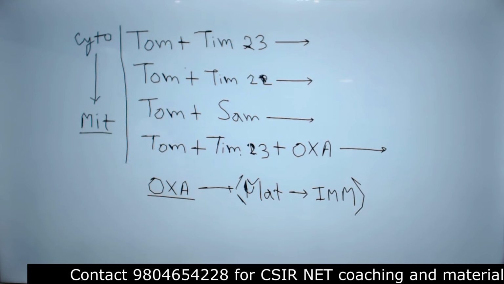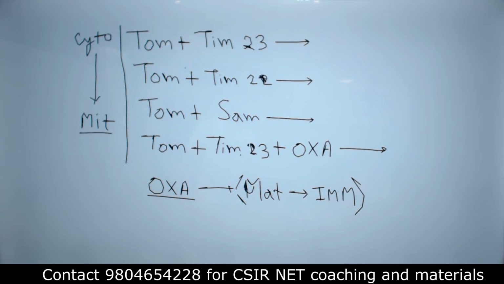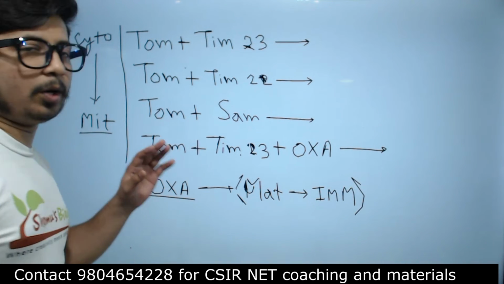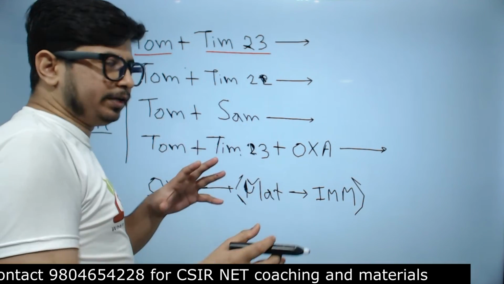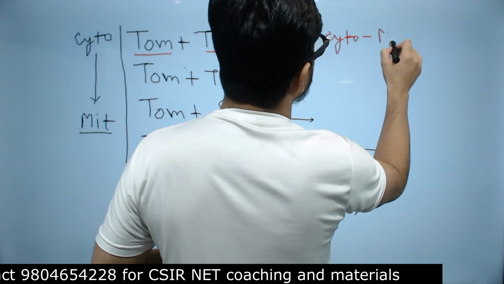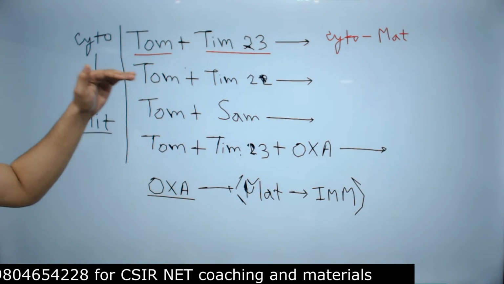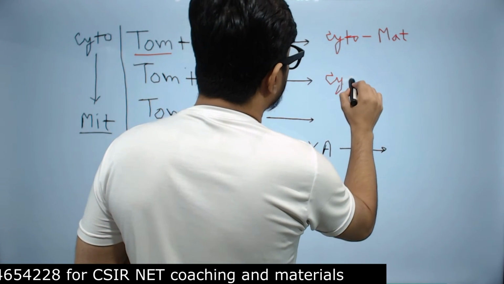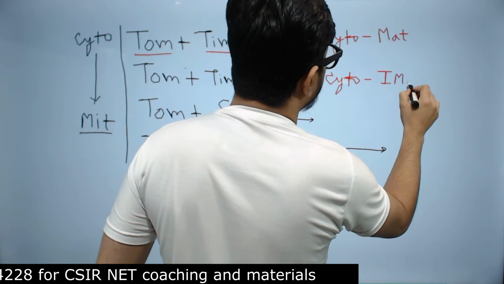Remember that. I'll take a different color to write down the important steps now. TOM and TIM23 bring a protein from the cytosol to the matrix. TOM and TIM22 bring a protein from the cytosol to the inner mitochondrial membrane.